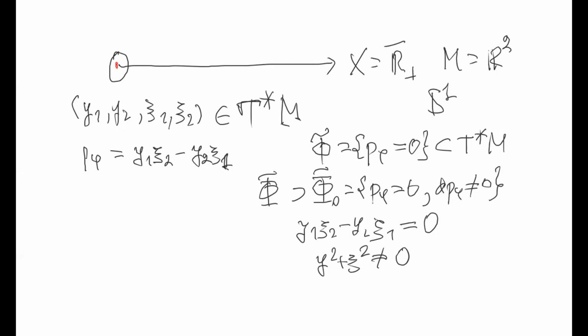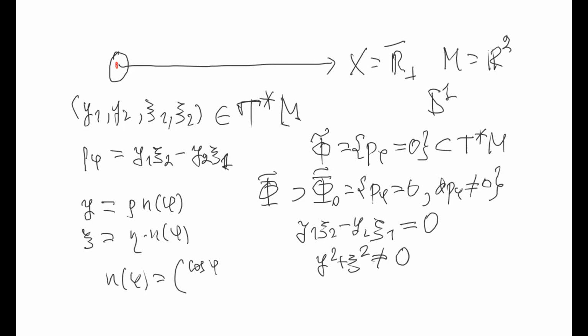Well, and what is the condition for this? How can we write this phi naught in a different form? We can write it as follows: y is equal to rho times n of phi, and psi is equal to some eta times n of phi, where n of phi is this vector, and rho and eta are just scalar functions whose sum is non-zero.